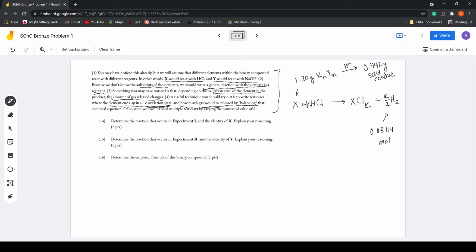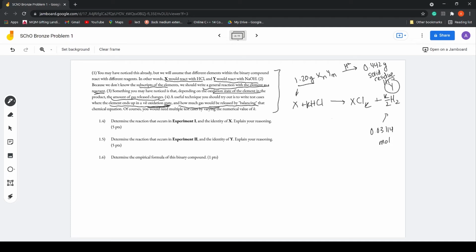And we said that this solid residue was going to be Y. It's the same thing as the element Y. Why is that? Because Y is not reacting with the acid. The only thing reacting with the acid is the X part. So the Y is just going to be the same solid that it was.